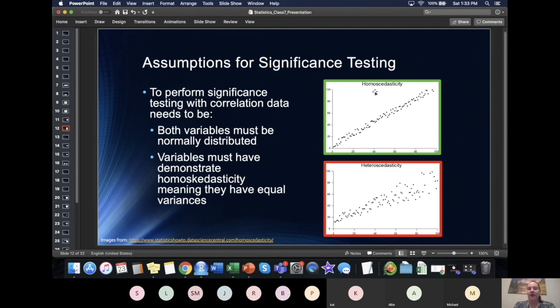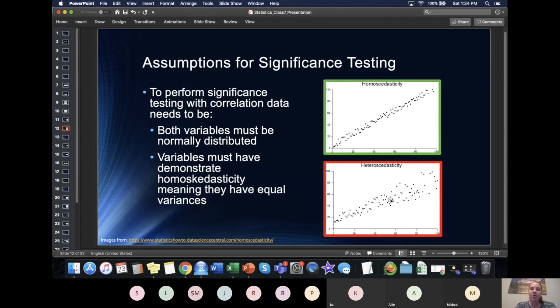Over here we see homoscedasticity. What that means is the width, you could think of it as, of this distribution, so how far apart the top lines and the bottom lines are, is evenly dispersed over here as well as over here. Down here we're seeing the data at 80 to 100 is a lot more spread out than at 0 to 20.